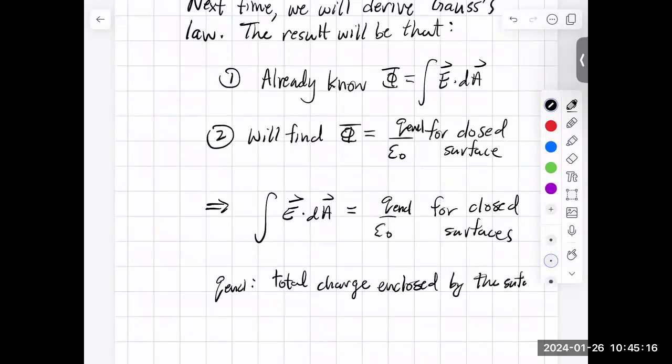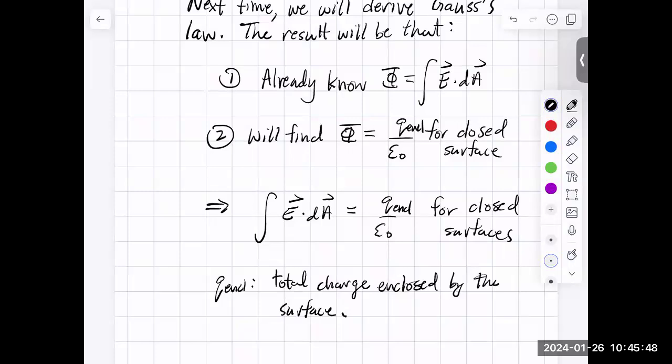And I'm going to fix up one more little thing in our notation, and that's on the integral. For surfaces that aren't closed, open surfaces like a little sheet, we have to integrate over the area of that surface. When we have a closed surface, it's the same thing: we integrate over the total area.